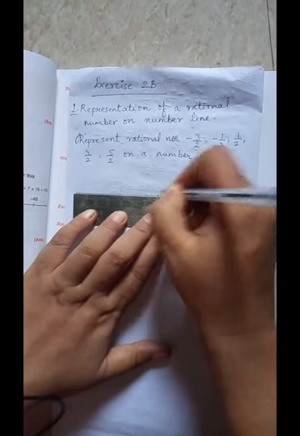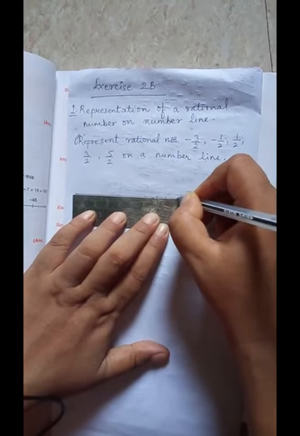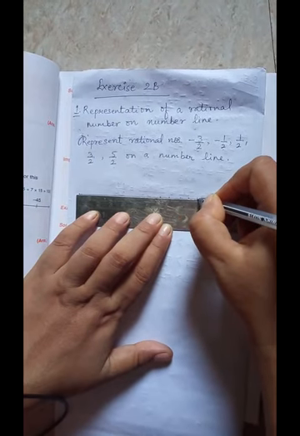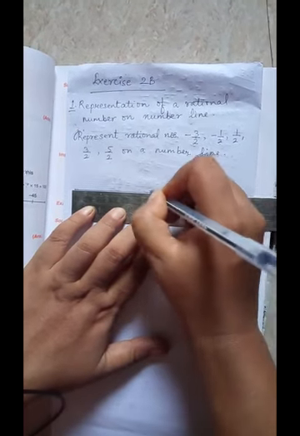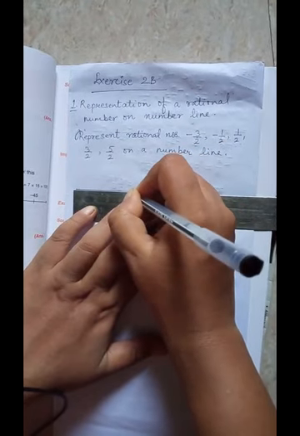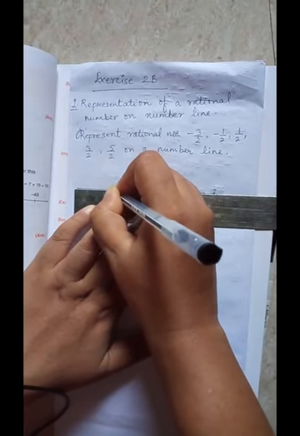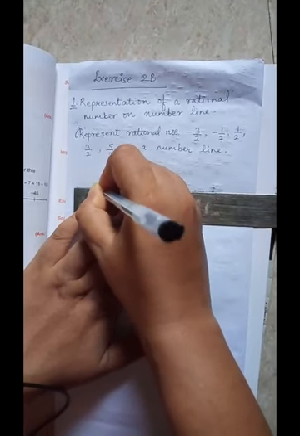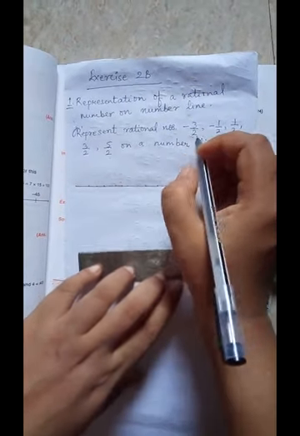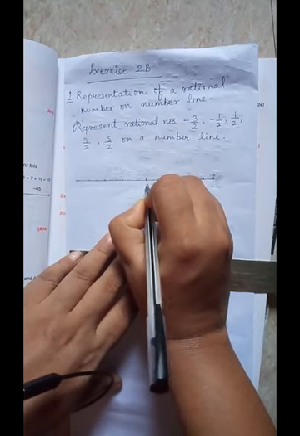Take it as 0, this one, and this. So you take some point, let this be 0.